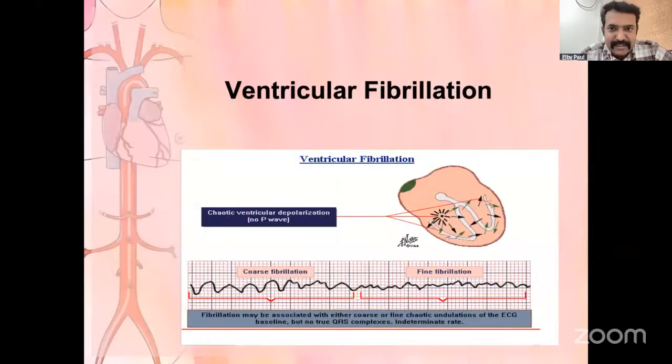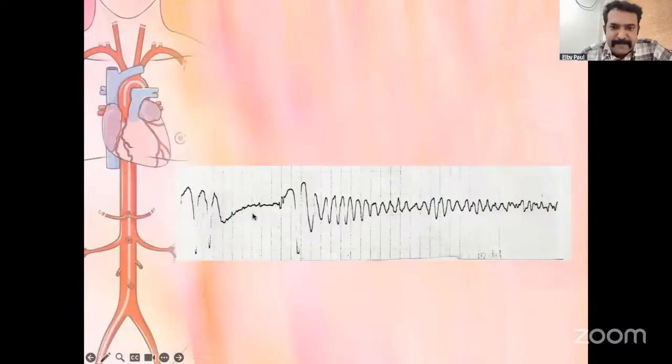We can see ventricular fibrillation. There is no pattern. Something like a big M, but it is not a constant pattern. Then very small, again a big M, slightly changing. Again there is no particular pattern.